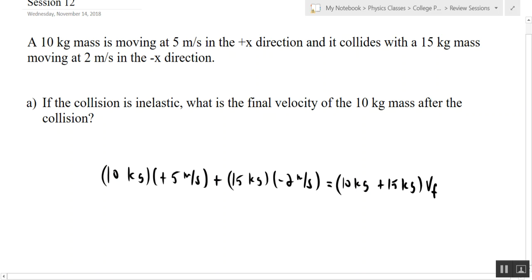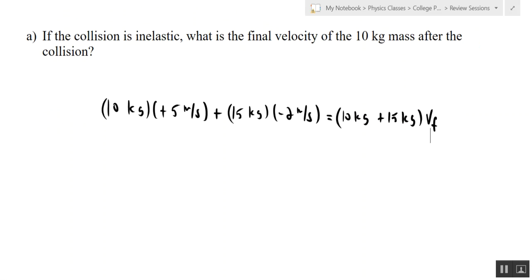So the momentum after they collide is 25 kilograms times VF, but that equals what they had before they collide. That's conservation of momentum. This was 20, so this is positive 20.